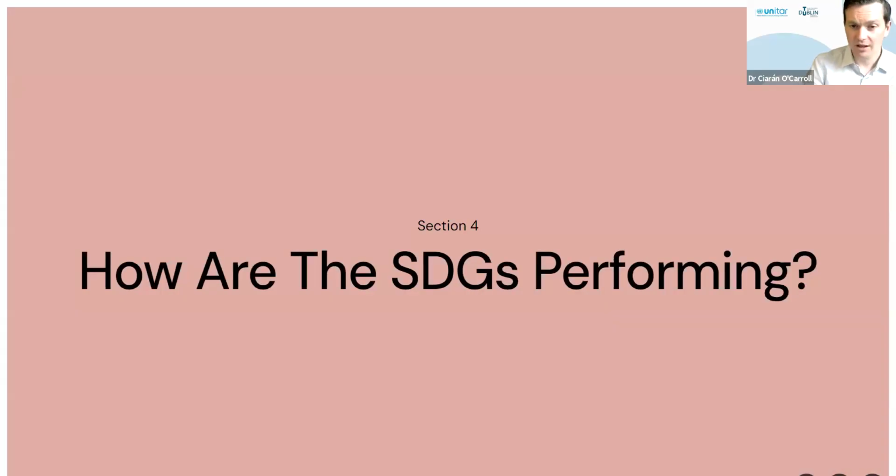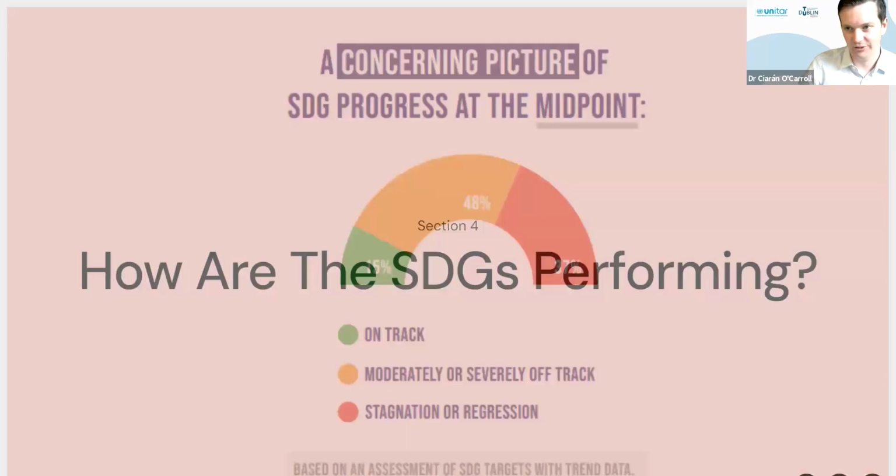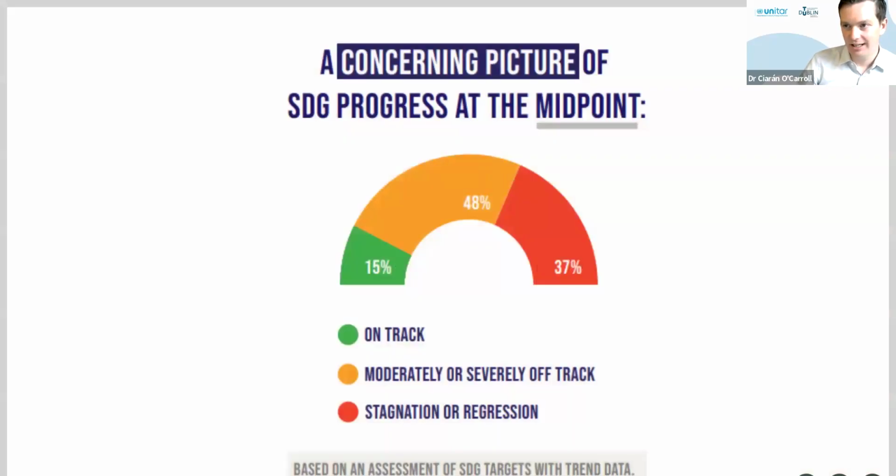Okay. So how are the SDGs performing? All right, this is where it gets a little bit more challenging. So we've got a deadline of 2030 for achieving the UN SDGs. And as I remind you, these are very ambitious. No poverty, no hunger, everyone with healthcare, everyone housed.